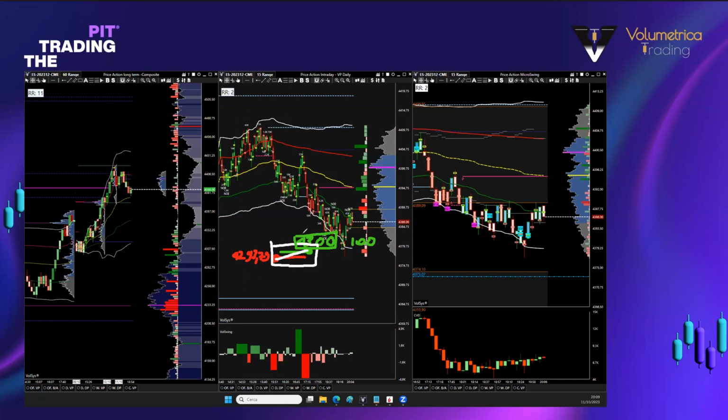If I want to calculate how many contracts were traded on both sides, the buying side and selling side, at 4,300, I have to take into consideration this 100 here. Those are the contracts aggressively bought, of course. And should I take into consideration also the sold contracts at the lower tick? Well, not really, or at least this isn't the way most of the indicators based on delta work.